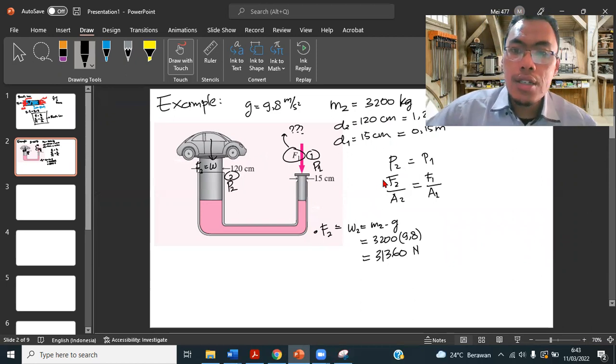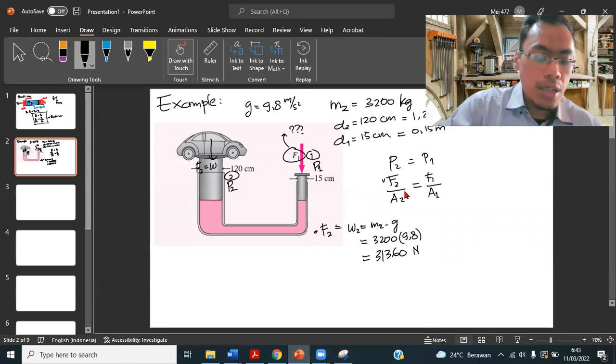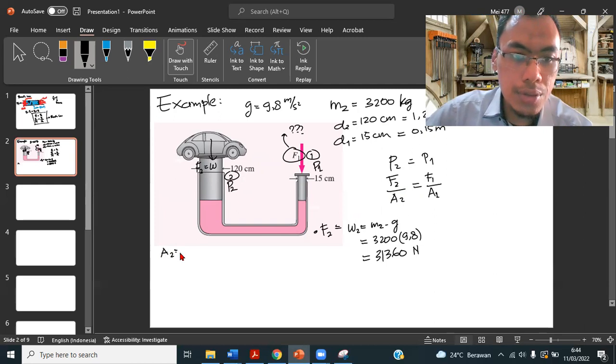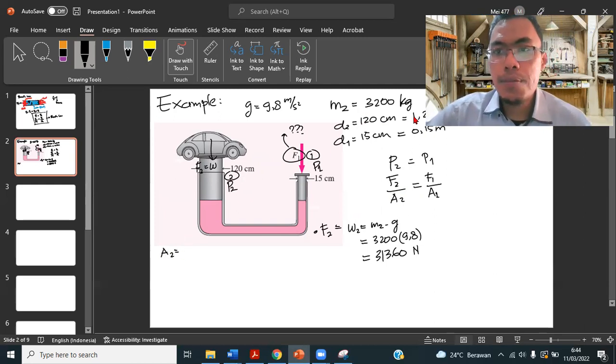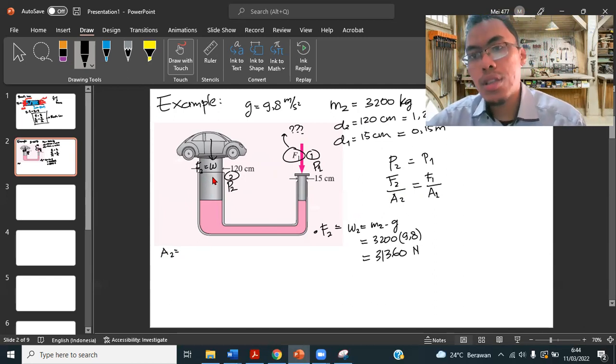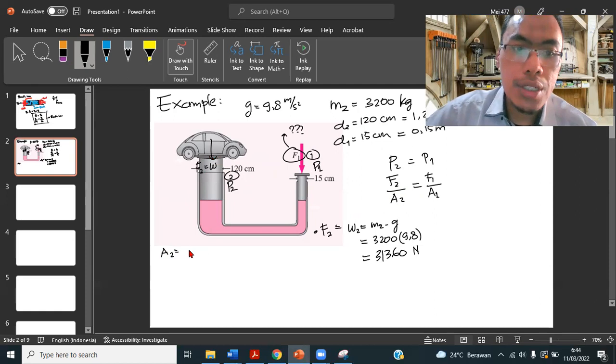Then we are going to find the value of area 2, or A2. Because the object of the piston is a circle, we are going to use the formula of circle area. A2 is 1/4 times pi times D to the power of 2.